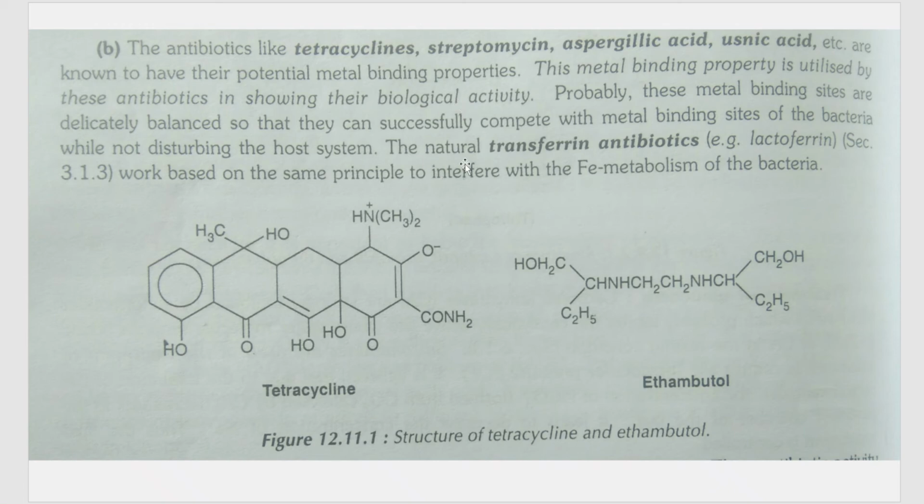Now, students, these antibiotics, tetracycline and streptomycin, work on the principle that they interfere with the Fe metabolism of the bacteria, because this metal-binding property is utilized by these antibiotics to show their biological activity. These metal-binding sites are delicately balanced so that they can successfully compete with the metal-binding sites of the bacteria while not disturbing the host. Let us understand what they are trying to tell in this.